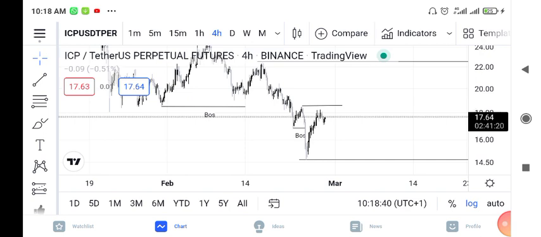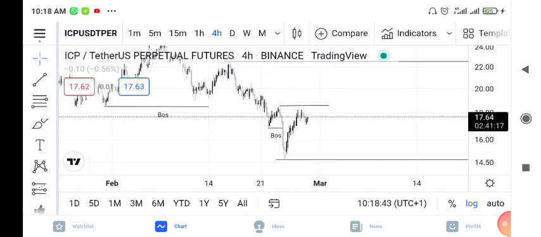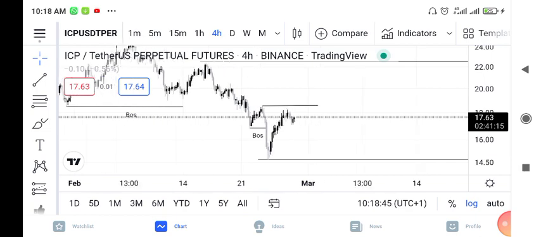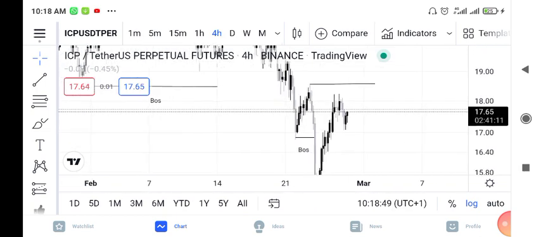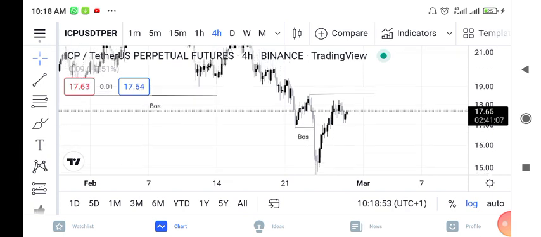The next thing we are going to look at is we're going to mark out, because just observe what is happening, right? Before the break of this structure, price was going up, right?